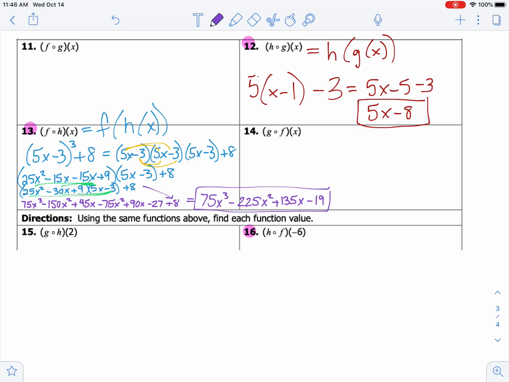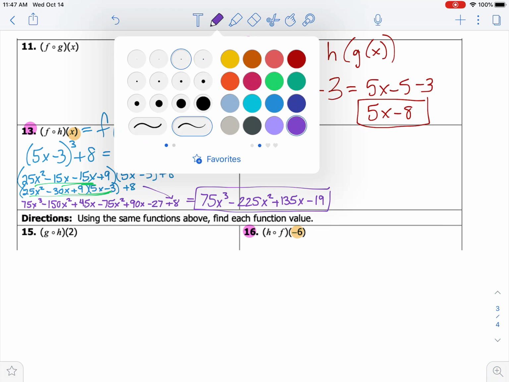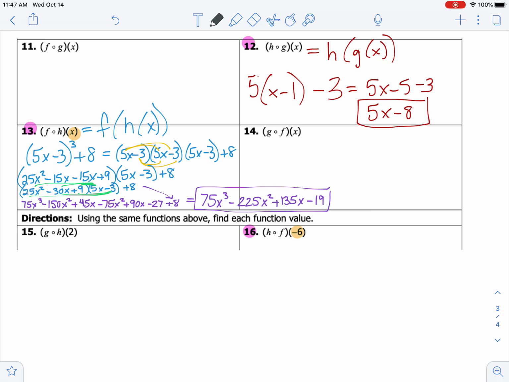Number 16, the last one. Number 16, when I have a number, do you see the difference in this problem? A number at the end, instead of an x, it's a lot easier. I need to plug in that 6 to the second function and then plug it into the h function. So let's say all that again.